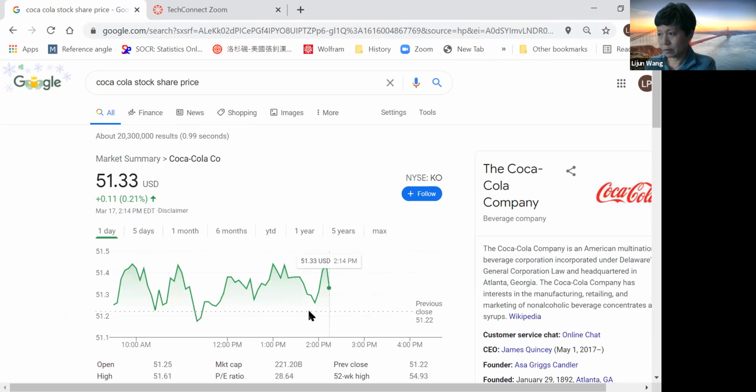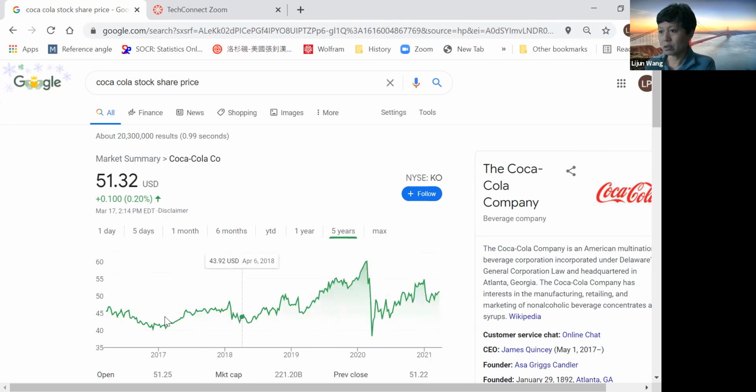Does everybody see that? Okay, this is 1 day's fluctuation of the Coca-Cola stock price. Suppose I show you the 5 years. Does everybody see this curve? If you look at this curve, did you see that little dot?